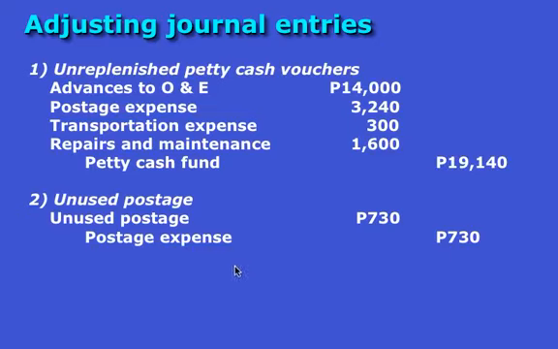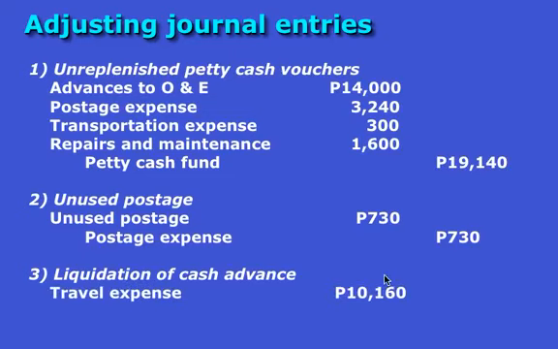Okay? Then, yung cash advance ni JR, na-liquidate na ito. Yun nga lang, partially. Kaya, gawa natin ng entry, yung liquidation. Okay, debit, as noted earlier, the correct travel expense. So, ito yung correct travel expense. Yung isinoli ni JR, debit, petty cash fund.